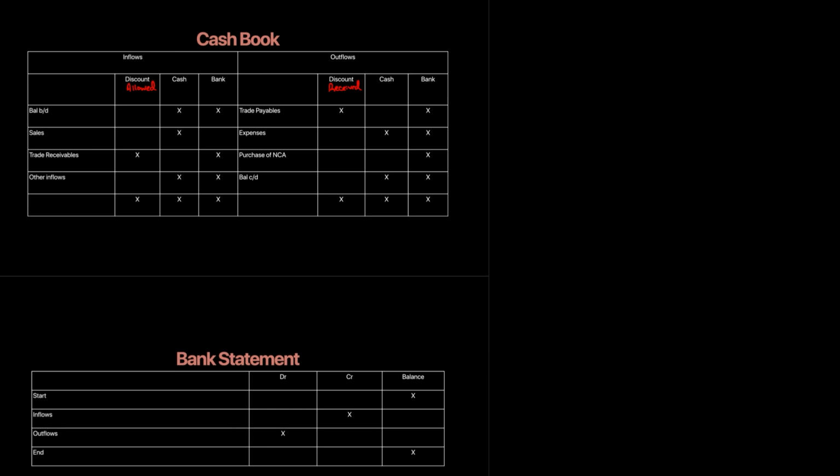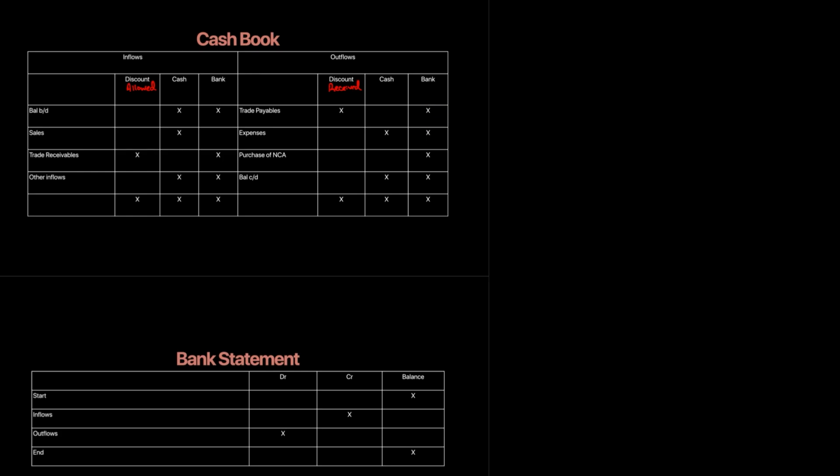Similarly, the bank can also omit certain transactions that the company has done, because they have not been processed as yet. Let's say we gave a check to a supplier, but the supplier has not processed the check or deposited it in the bank. It will not appear as an outflow in the bank statement, but it will appear as an outflow in your cash book. Right?